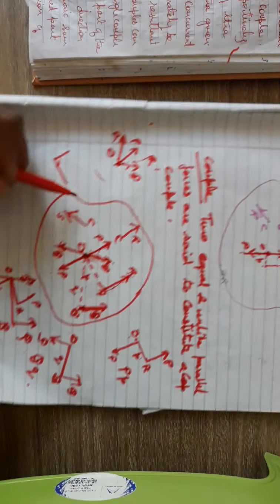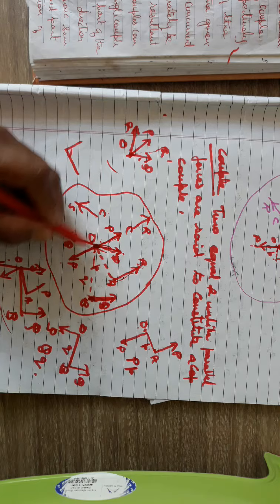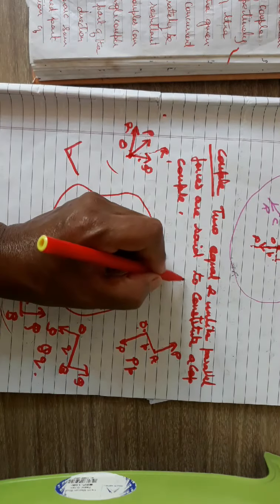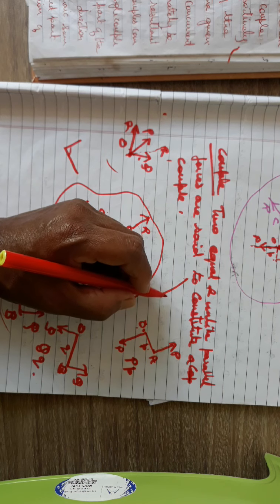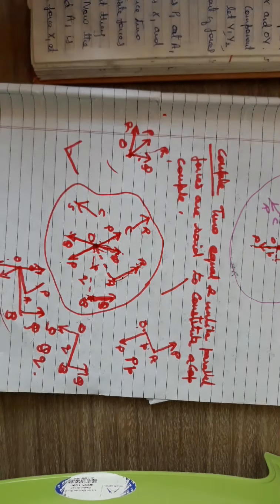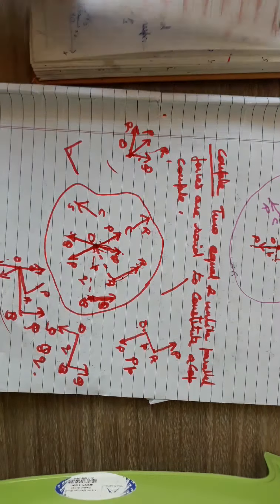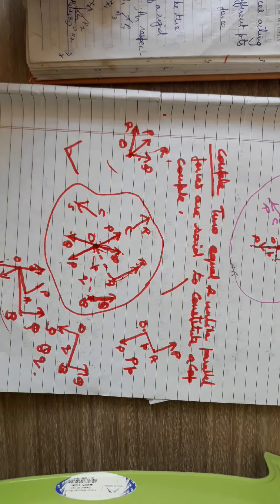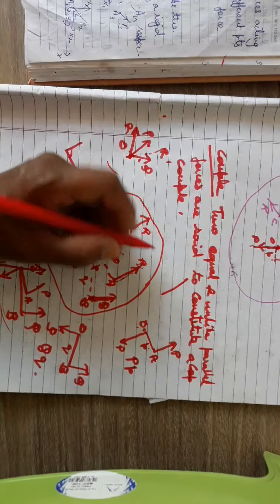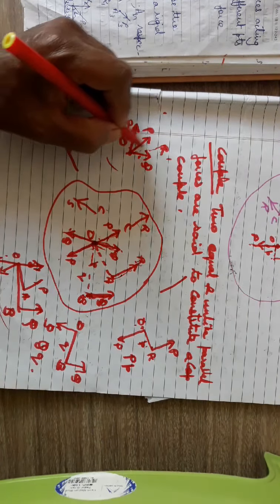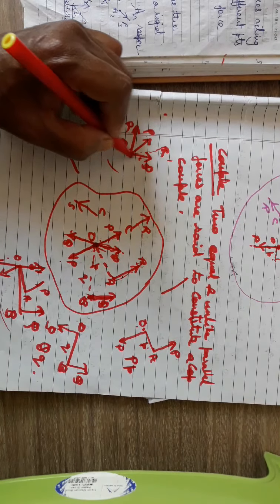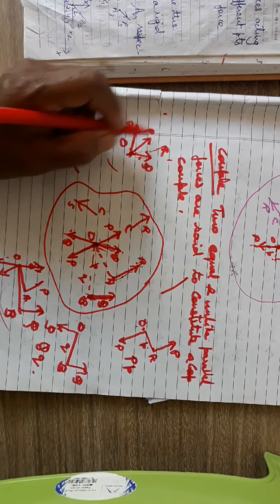Now also the resolved part of the single resultant. Now the resolved part of these concurrent forces, for all these concurrent forces which do not form a couple, you will get a single resultant.